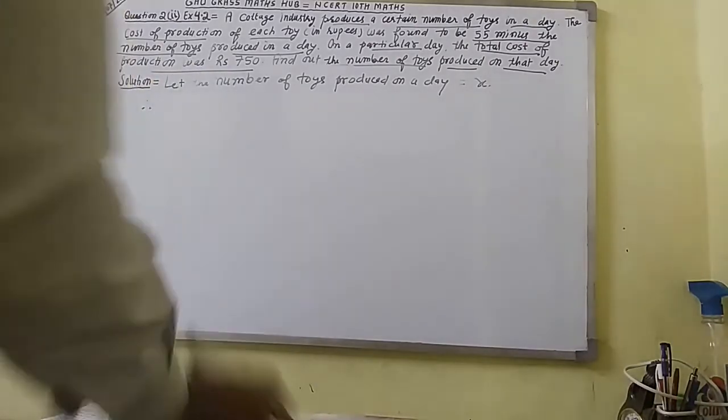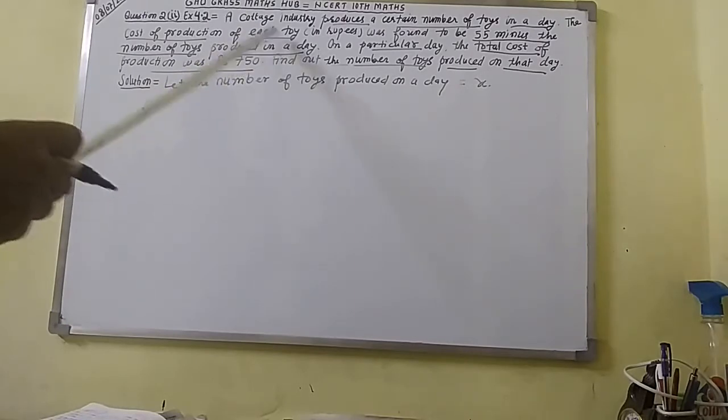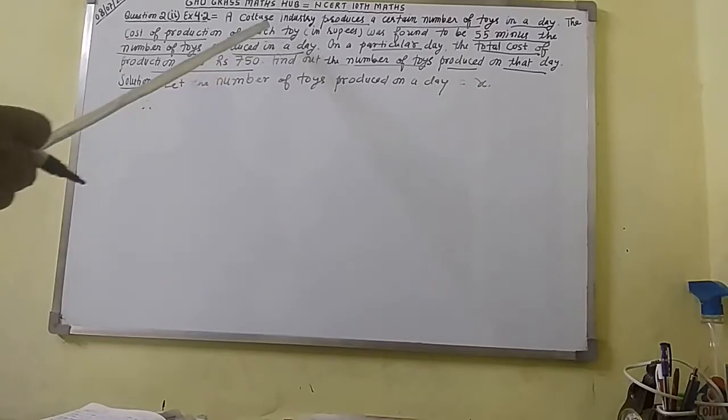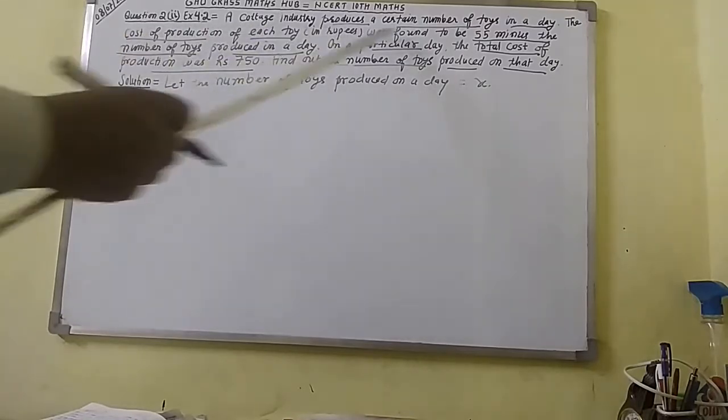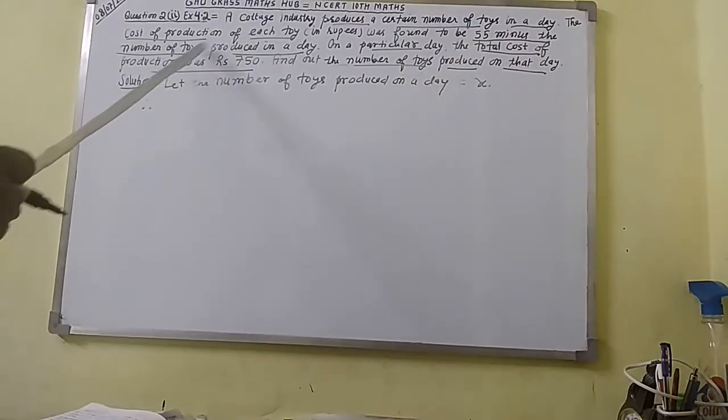Here you can see each toy consists of cost equal to 55 minus the number of toys produced in a day.